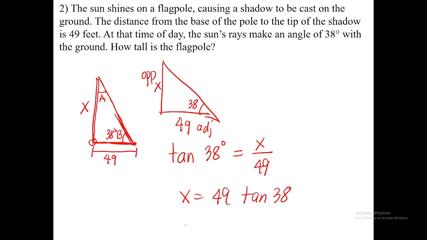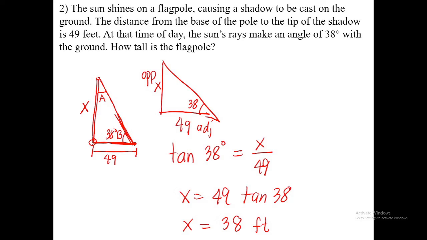Use your calculator, please. 39 feet. How much? Let's round off to the nearest whole number. 39? 38, sir. 38 feet. Were you able to get 38 feet, all of you? Yes, sir. Okay.